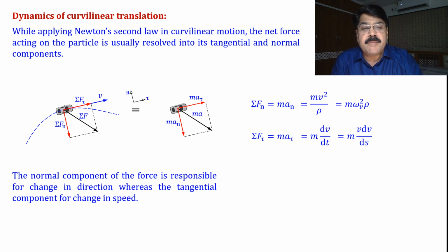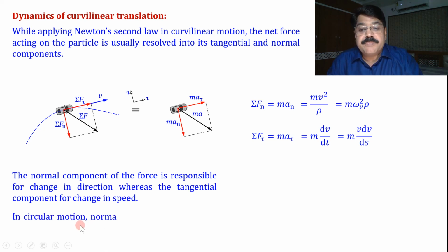When will it have tangential component? Only when its speed changes. But why will it always have normal component acceleration? Because it is moving on a curvilinear path, so the direction of its velocity vector is continuously changing. So it must have a normal component acceleration, but tangential component it may or may not have.